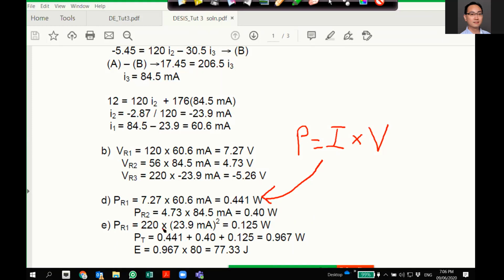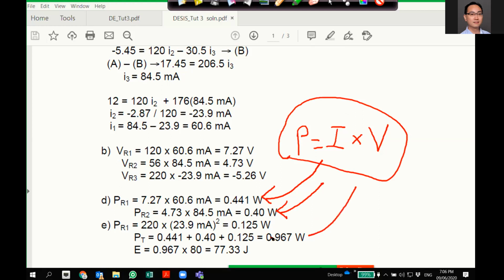And then I think this one is the PR2, the power dissipation, same equation, same formula. Then the question asks you to calculate the total power dissipation. So you can calculate.